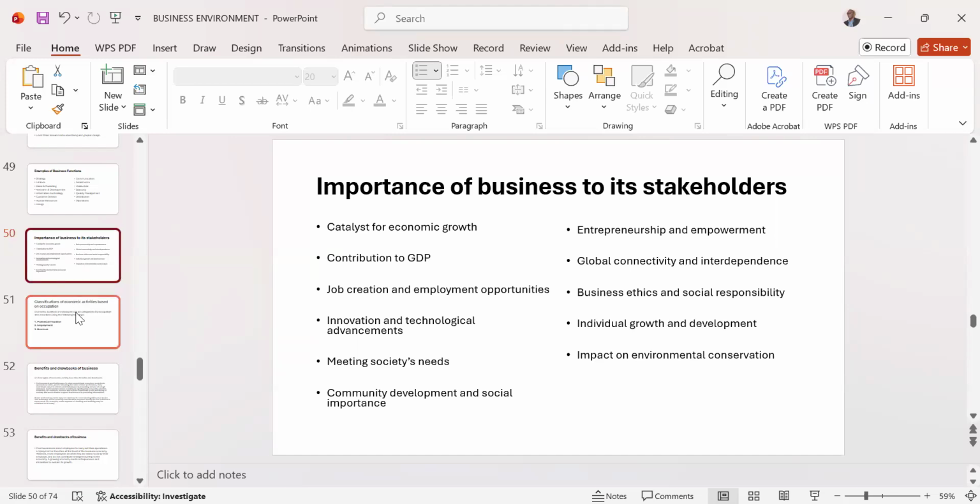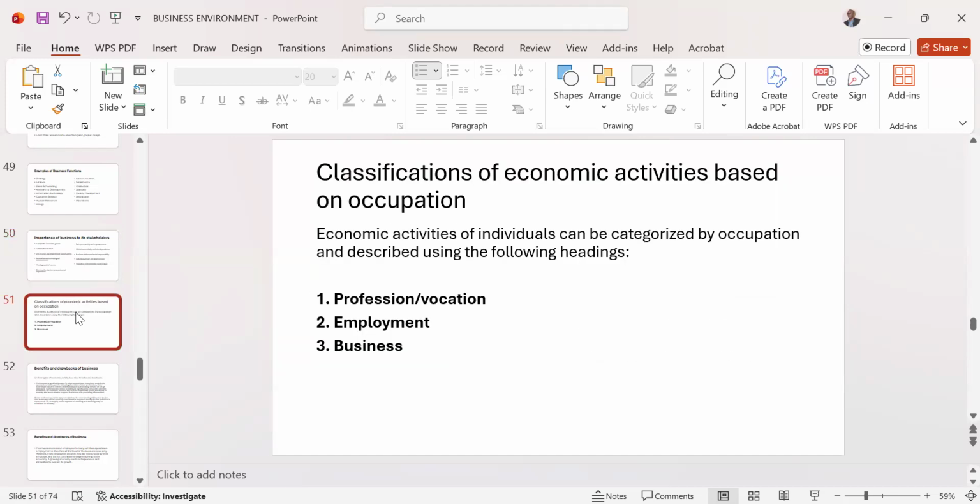So let's continue. We are looking at classifications of economic activities. Please look at it based on occupation. In other words, there are other activities that are also there, but these three that we have here are categorized based on occupation.